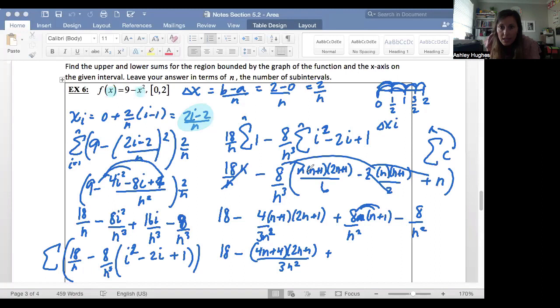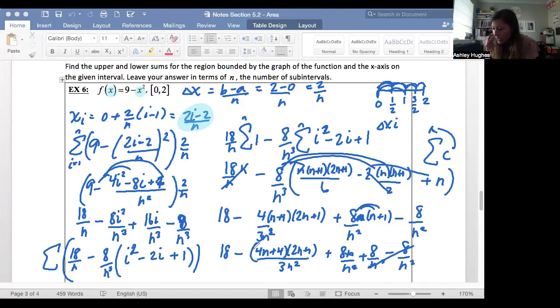I'm sorry about that. Okay, so when I have this 8 over n cubed and I'm multiplying it here, this n cancels with that one to give us the n squared. So you're left with just 8, because the 2 over 2 canceled, so just 8 and then the n plus 1. So this would be 8n over n squared, and then plus 8 over n squared, and then minus 8 over n squared. So the 8 over n squared cancel, and this becomes 8 over n.